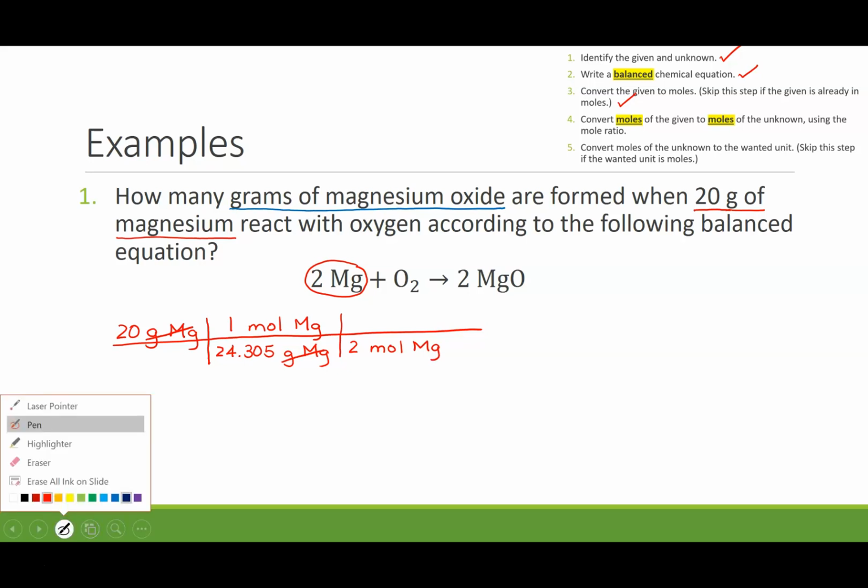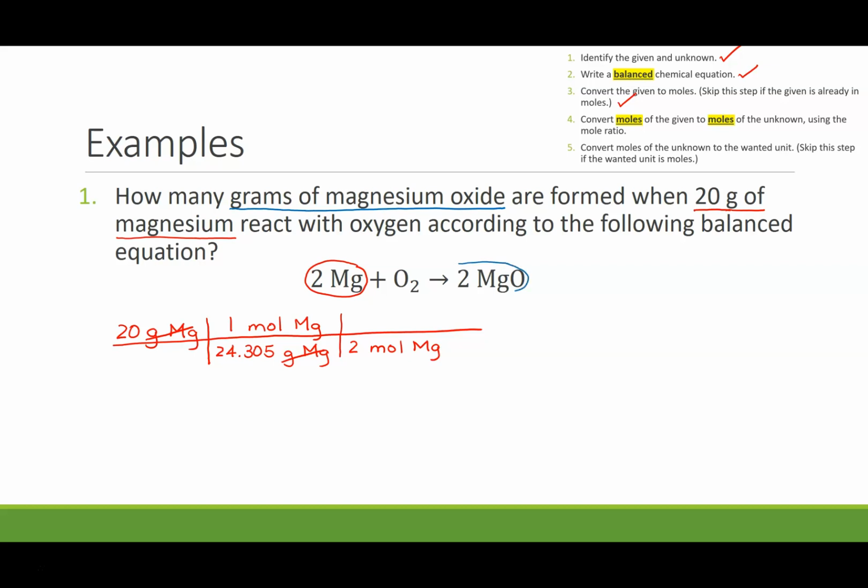And now I want to get to the unknown, and the unknown is magnesium oxide. So that would be 2 moles of magnesium oxide on the top. Moles of magnesium cancel out, and our step 4 is finished.